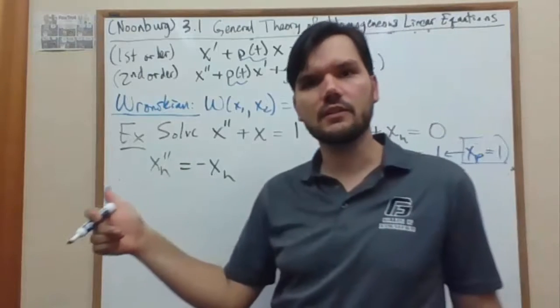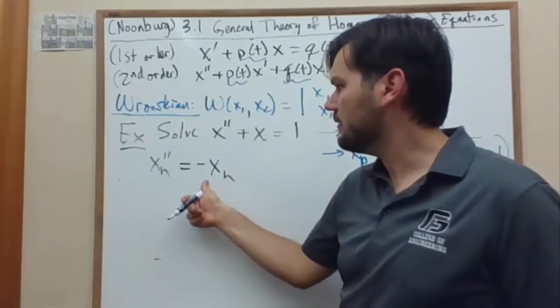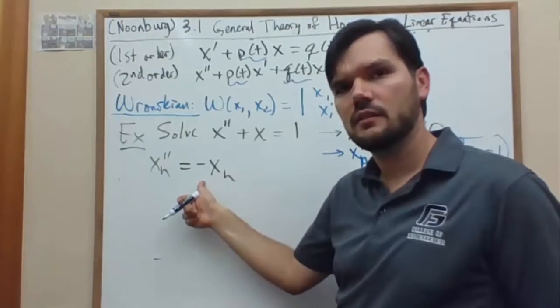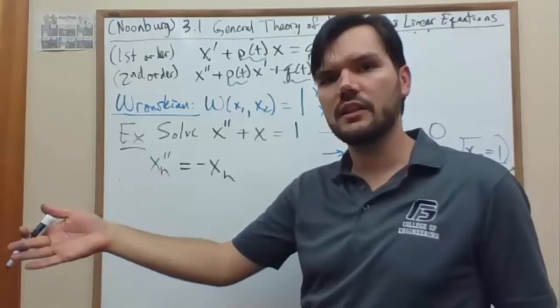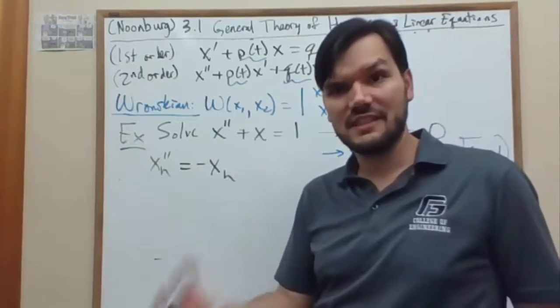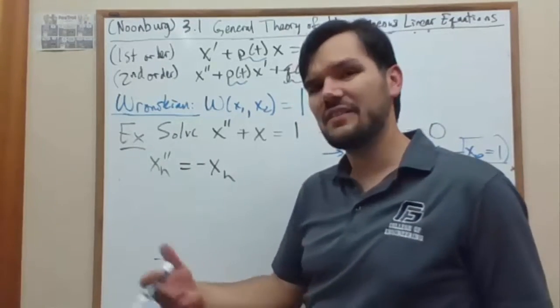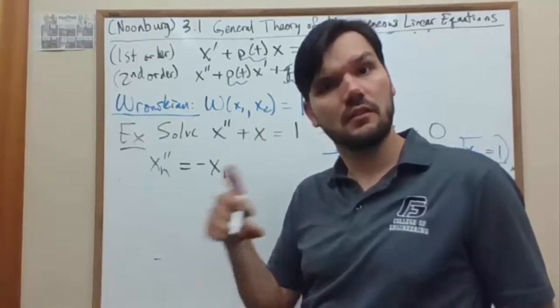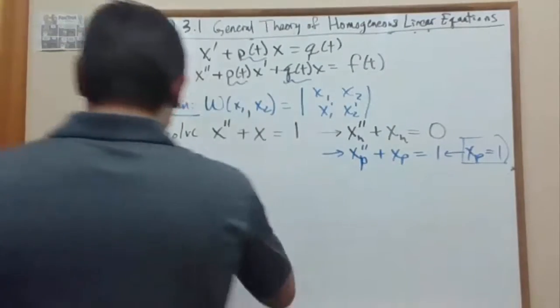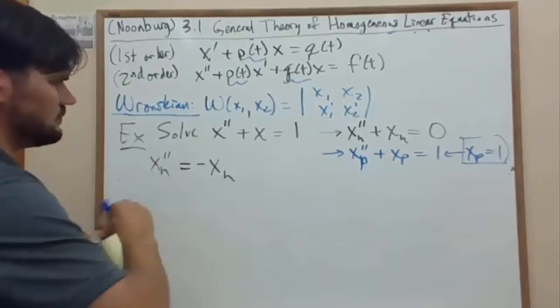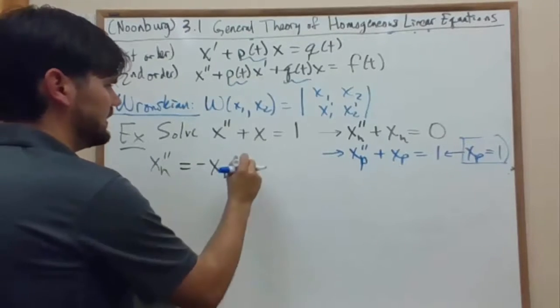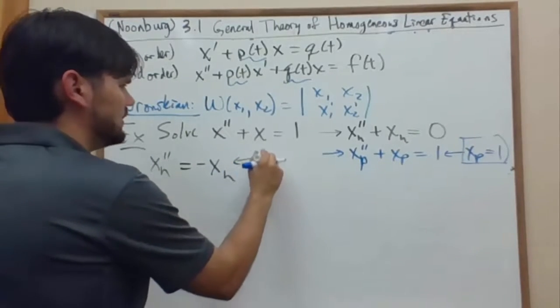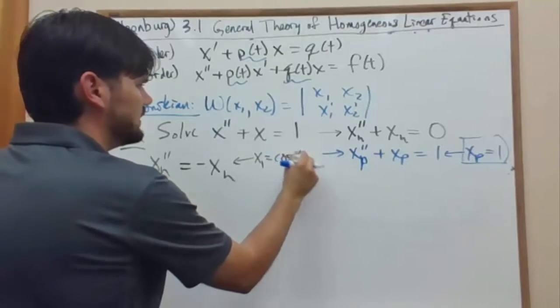But there is a function. What about cosine? If I take the derivative of cosine, it goes to a negative sine. And if I take the derivative of a negative sine, I get a negative cosine. There we go. So on this side, I have x1 equal to cosine of t.